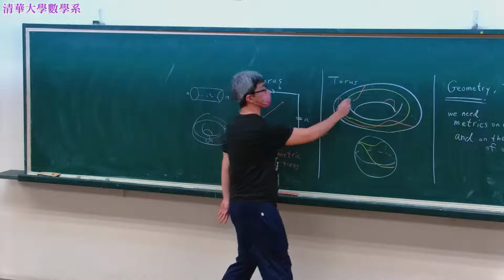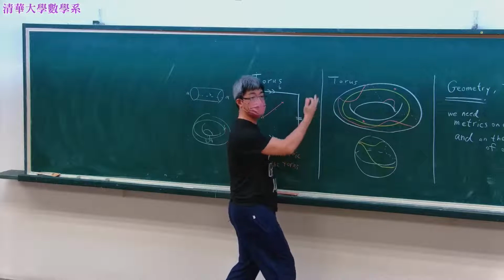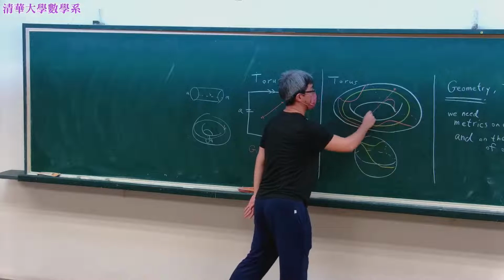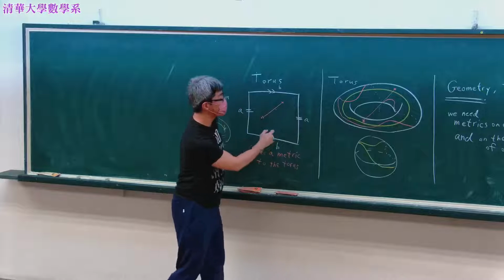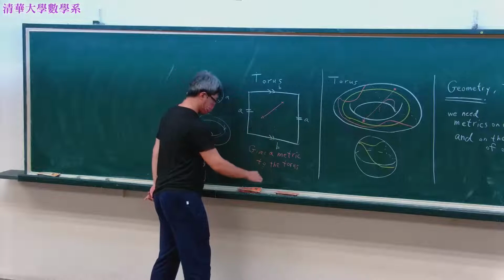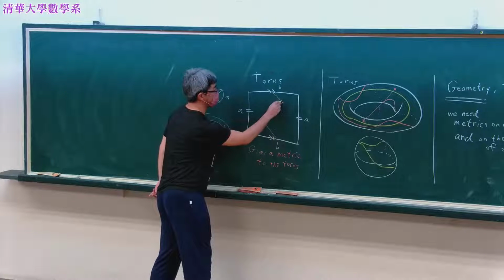Whereas if I draw 2 points here, first of all, you wouldn't know if my point is in the front or in the back. Then second of all, how would you define the distance between these 2 points? Do you travel around the hole in the middle or something like that? There's no hole over here. But the sad part is you can go in different directions.